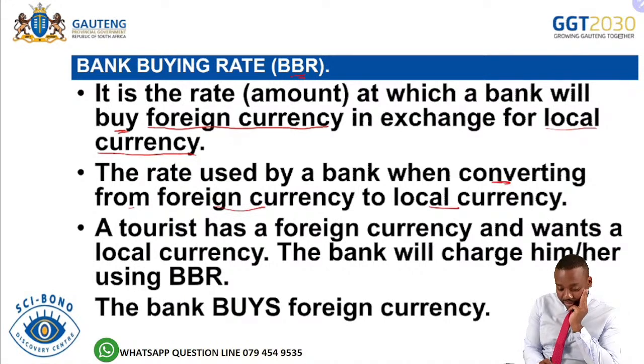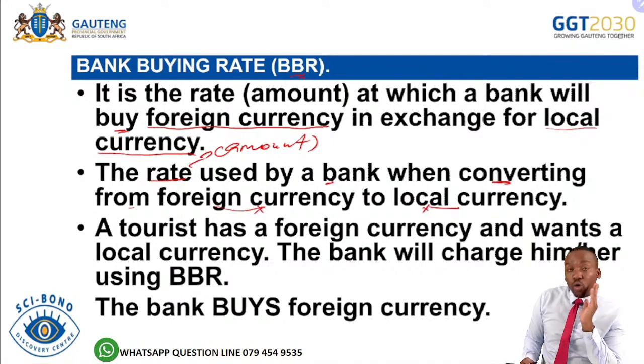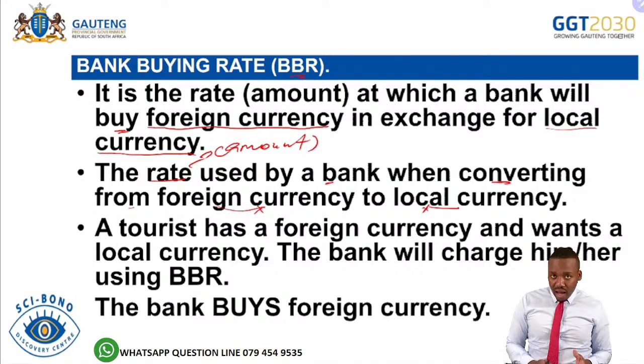Remember I said the rate is the amount. It is the rate used by a bank when converting foreign currency to local currency. So a tourist from outside comes to South Africa and wants our local currency.